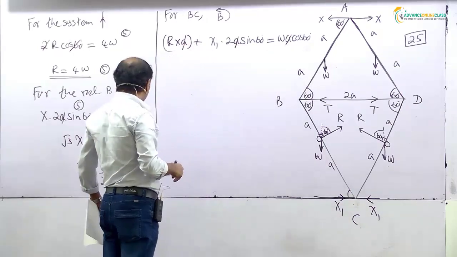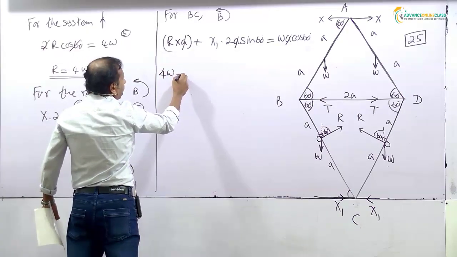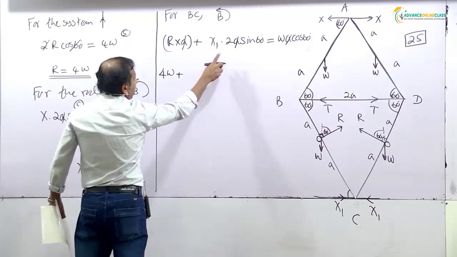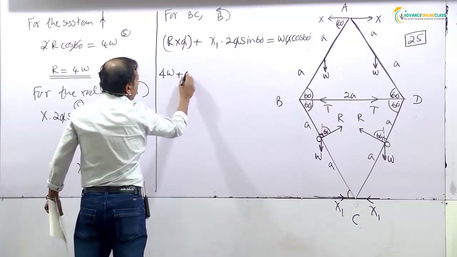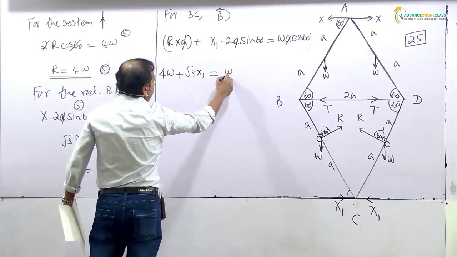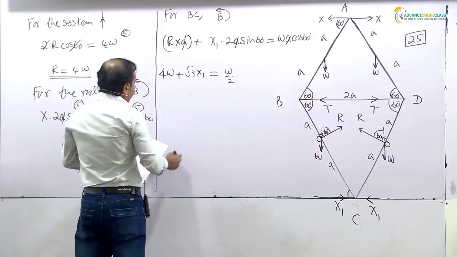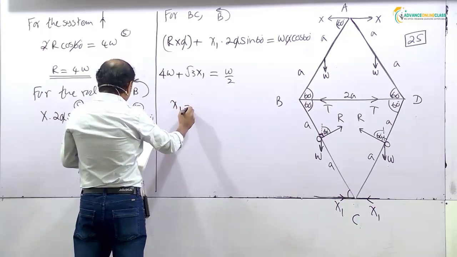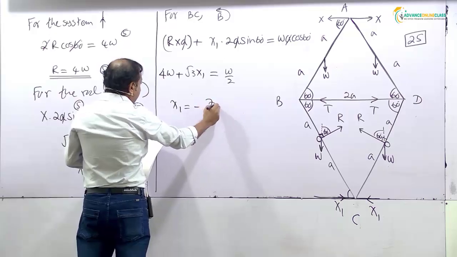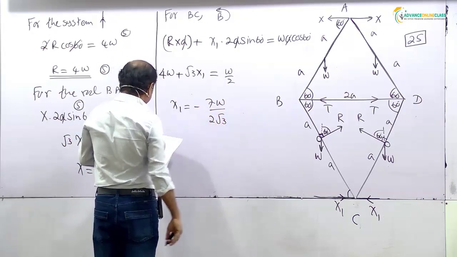Okay, R for W. Here sine 60 is root 3 by 2, that 2 and this 2 you can cancel down. Root 3 X1, cos 60 is half, W by 2. Okay, here X1, when you solve, we get minus 7W over 2 root 3.